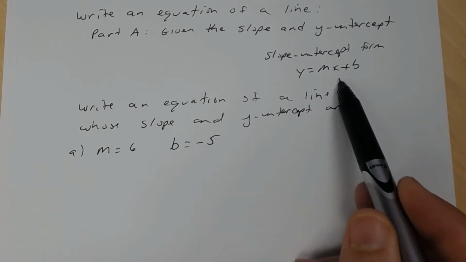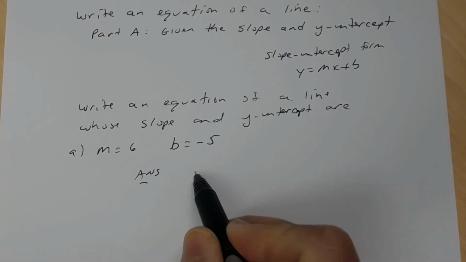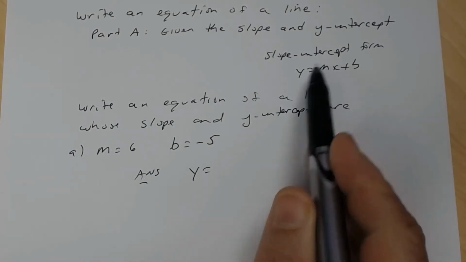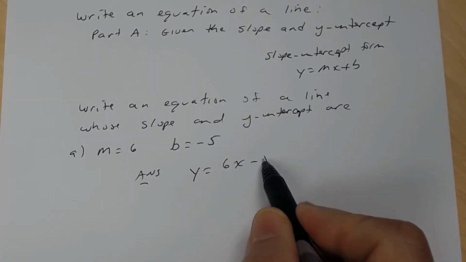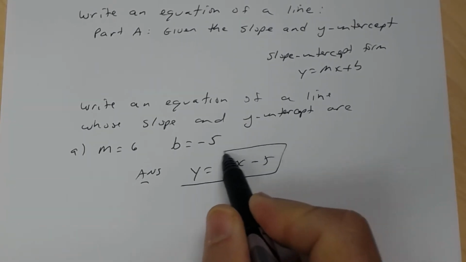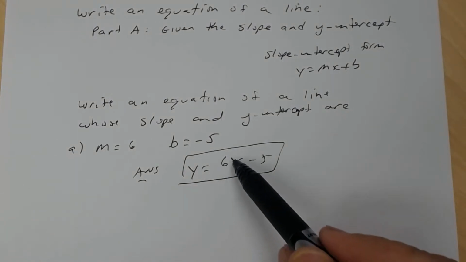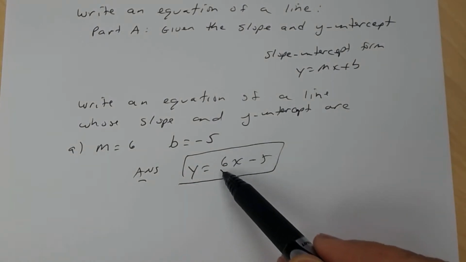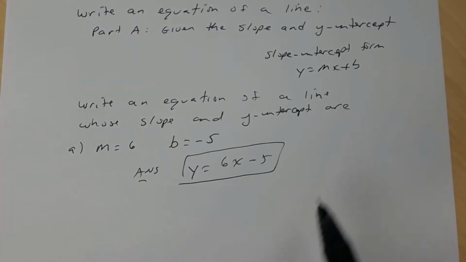So you just plug this back in. The answer is just y equals m, which is 6, times x, and then b, which is -5. So that's your equation of a line. Notice, it's always easy to check because the coefficient of x is your slope and the constant is your y-intercept.